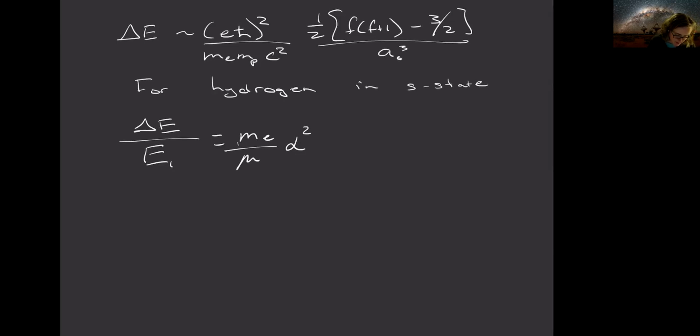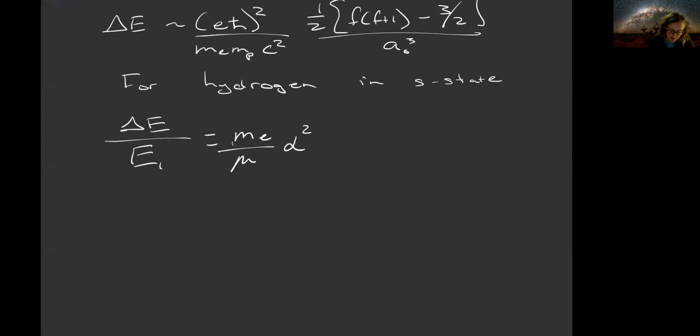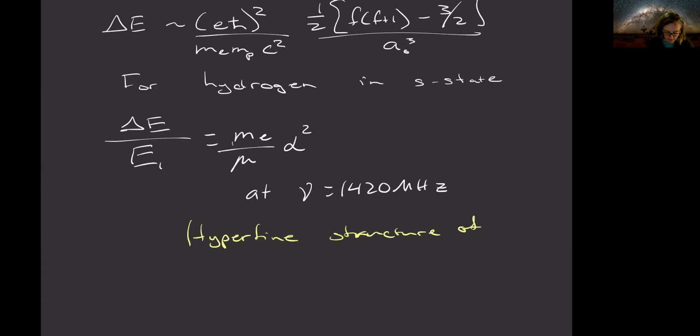And that comes out to producing an energy difference that is equivalent to a frequency of 1420 megahertz. And that is the hyperfine structure of hydrogen, otherwise known as the 21 centimeter line.